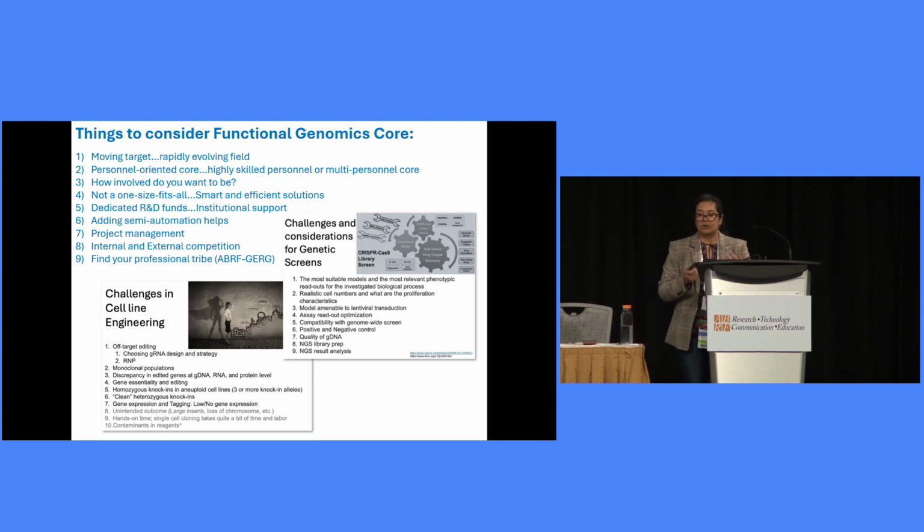And of course, it's not one size fits all. Even if you optimize all your CRISPR protocols perfectly, every cell line behaves differently. The PCR that works in one cell line often fails in another. So every project is like reinventing your protocols. So that brings you back to the fact that you need people who are able to do that.